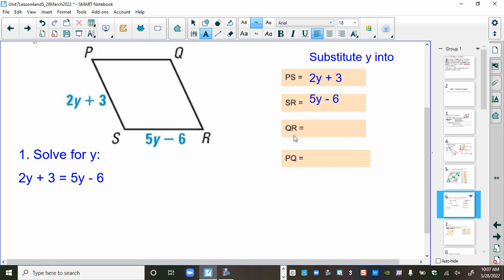And then, well, once you actually just get the first one, what do we know about all four sides? All four sides are the same. So basically, once you get the first one, you basically have all four sides. Remember, you have to solve for y first, but you're not finished after you solve for y.